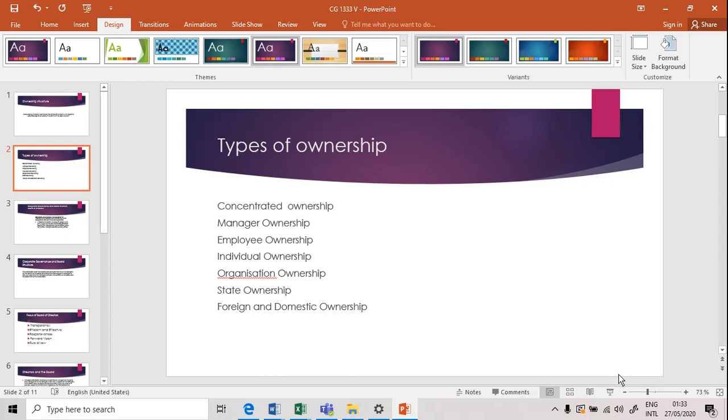And then we have employee ownership, and this can create a social psychological bond when it comes to effectiveness, satisfaction, and performance. That is when an employee knows that he also has that ownership ability. Although sometimes an employee can be too powerful and it can affect the organization.